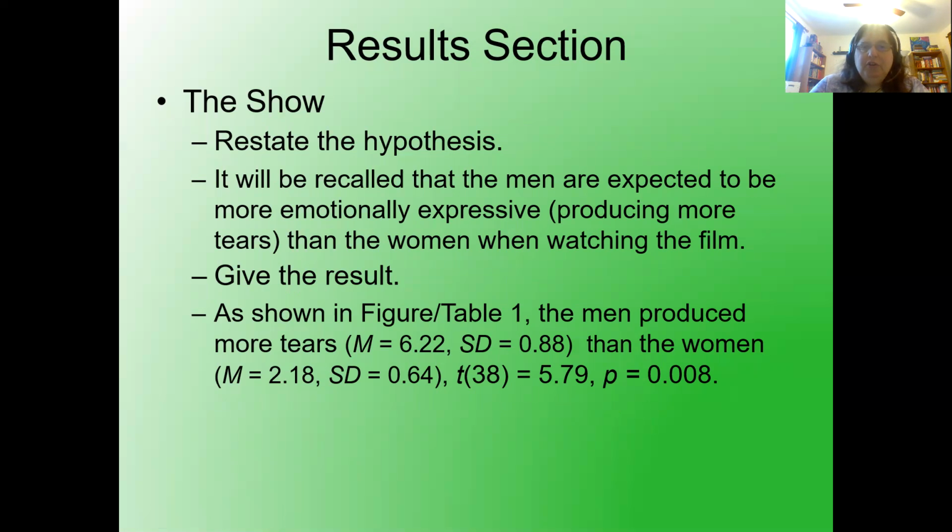Now, there is something I want to remind you about the sig value, and I know I talked about it in the statistics section, but I'm going to mention it again because it's that important. If you have a two-tailed test, you didn't specify which group was going to be higher, better, greater, smaller, lesser. If you have a two-tailed test where you just said the groups were going to be different, leave the sig value alone.